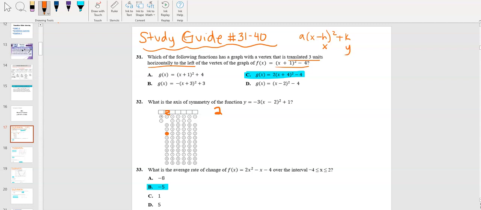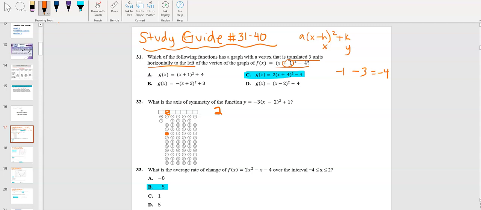So if I want my graph to go horizontally to the left, that means I am moving my x value in subtraction of 3. The x value of this graph is the inverse of positive 1, so negative 1. Take away 3 is negative 4.